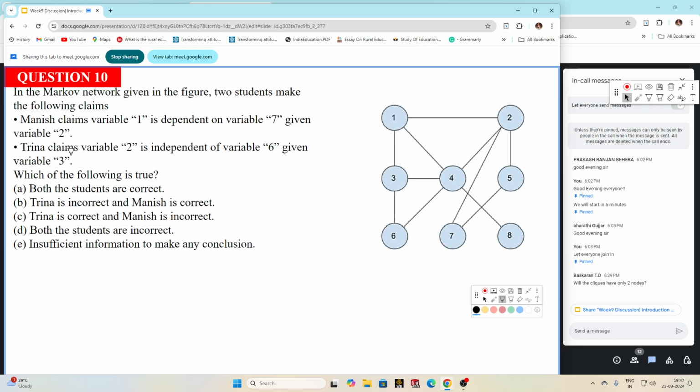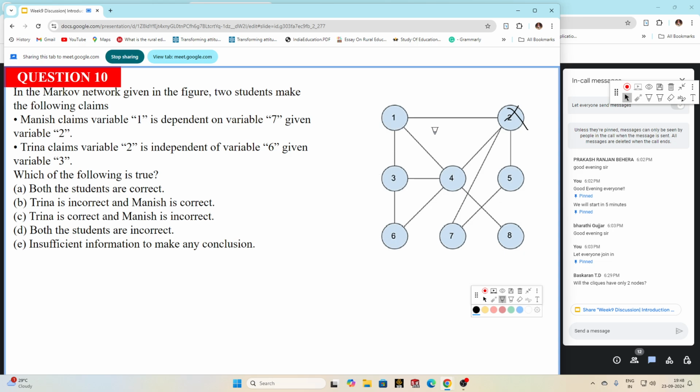Trina claims that variable 2 is independent of variable 6 given 3. Let's first take the claim of Manish, that is given variable 2. That means he is blocking the second variable. Now he is saying 1 is dependent on variable 7.